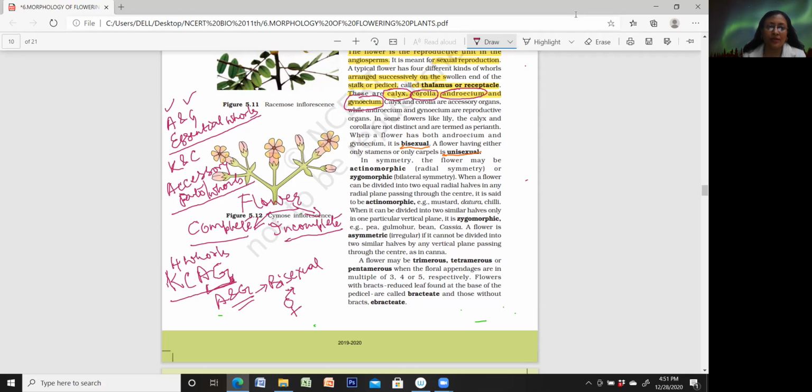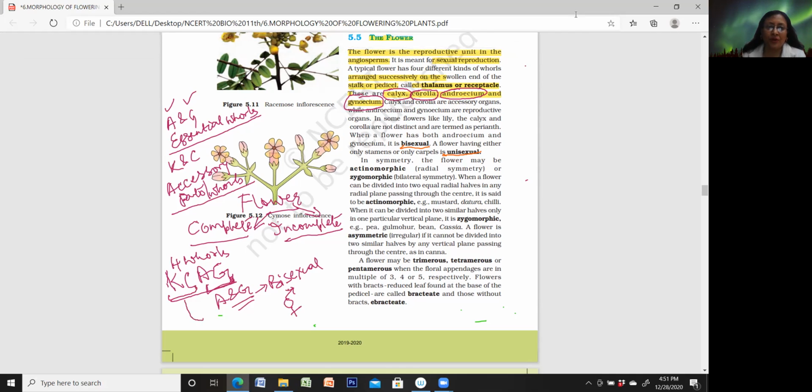Whereas when K and C are together present, this flower also has both sepals and petals. So we call such a flower dichlamydeous, because it has K and C, calyx and corolla both, sepals and petals both, very well defined and well visible. You call this a dichlamydeous flower.